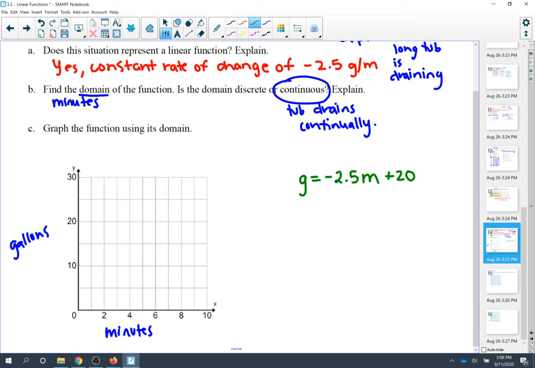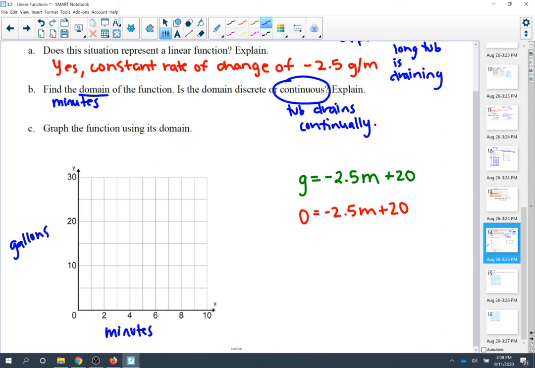My question was, how many minutes is it going to take for the tub to drain completely? In order to do that, the gallons has to be 0, because if the tub is drained completely, there are no gallons. So 0 equals negative 2.5m plus 20.